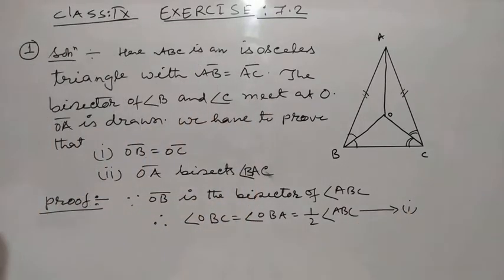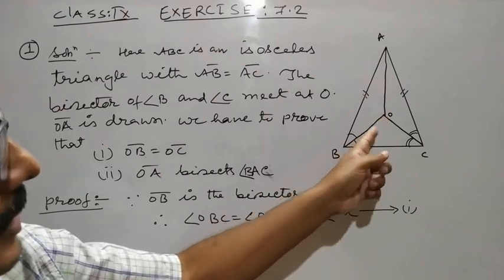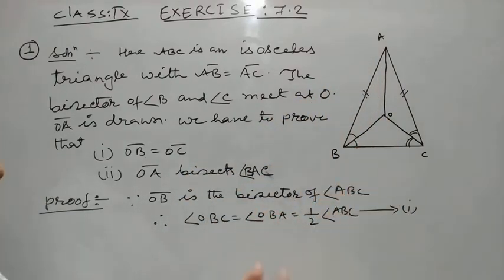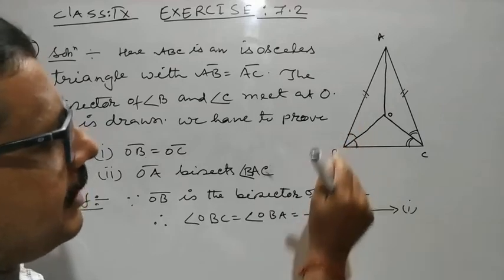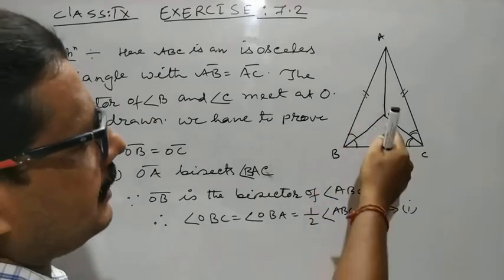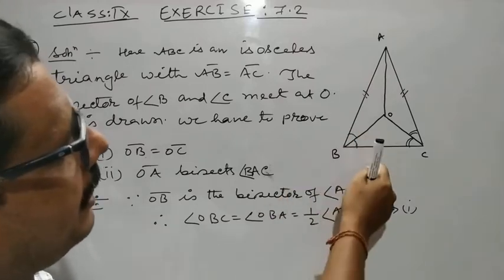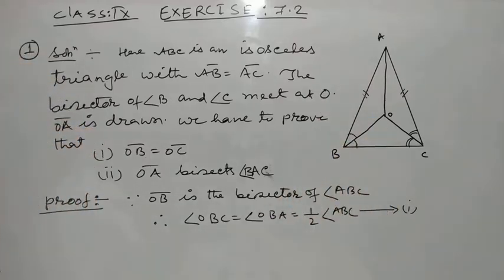See here, OB is the bisector of this angle ABC. So bisect means equally two parts. So this part and this part are equal. That is angle OBC equal to angle OBA, and both will be half of angle ABC.